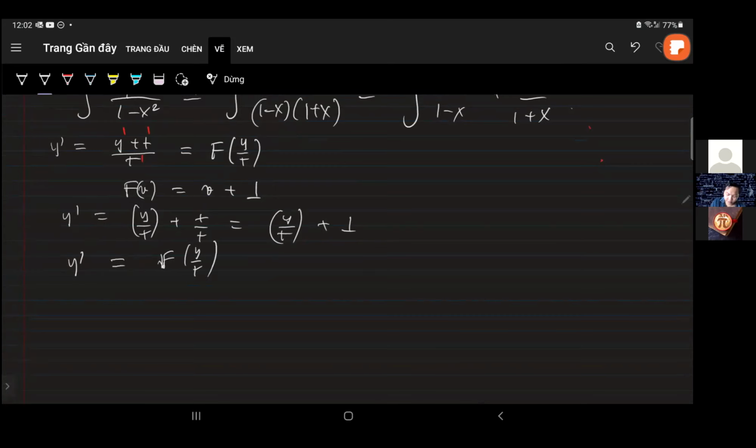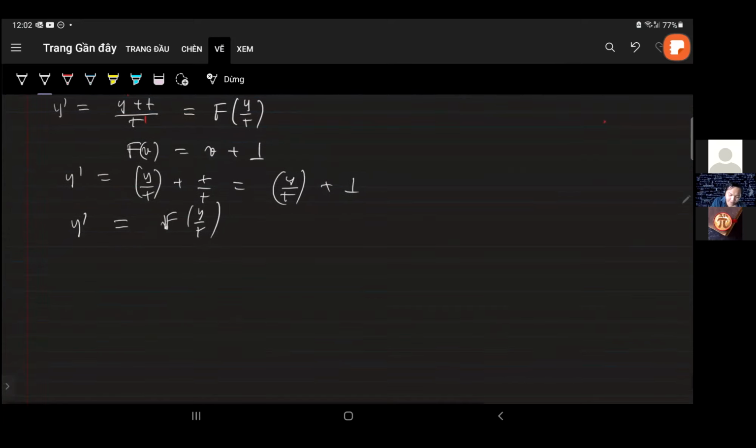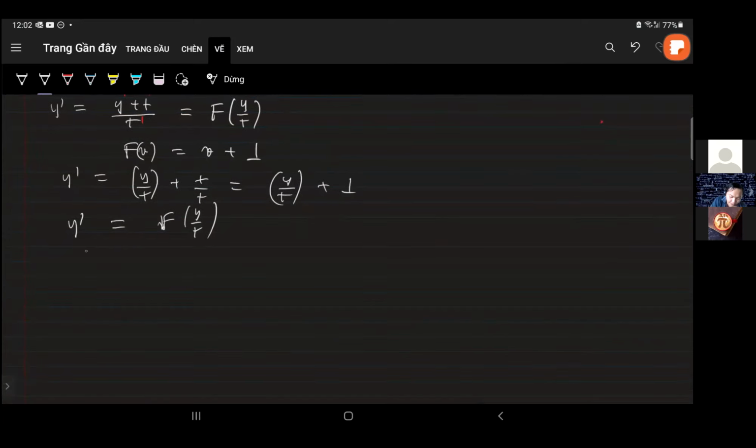Now how do we solve that again? You write y in terms of v: y equal to tv. That implies y prime equal to tv prime plus v, and then you plug in, you have tv prime plus v equal to v plus 1.